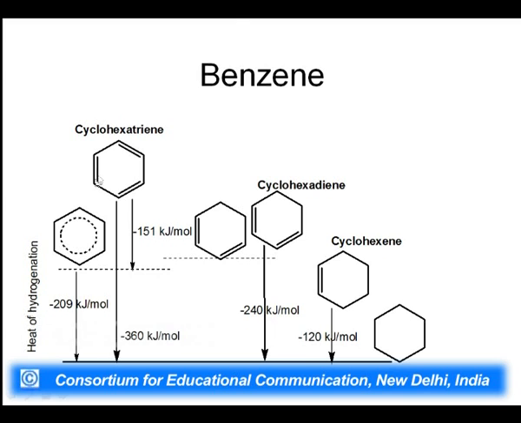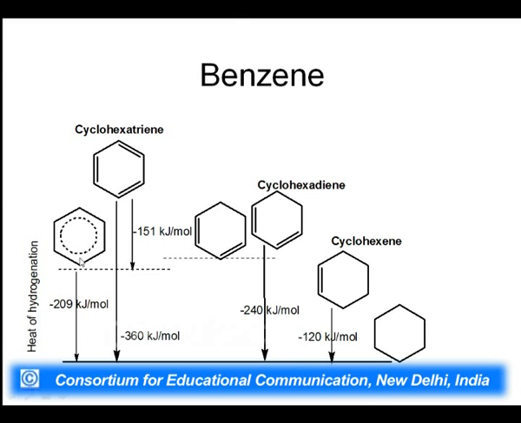So you cannot say that benzene has single and double bonds alternately, but all the electrons are in conjugation and we have placed them as a circle here. By virtue of the phenomenon we are discussing, which is called resonance, benzene is getting stabilized by 150 kilojoule per mole, and this 150 kilojoule per mole is called resonance energy.